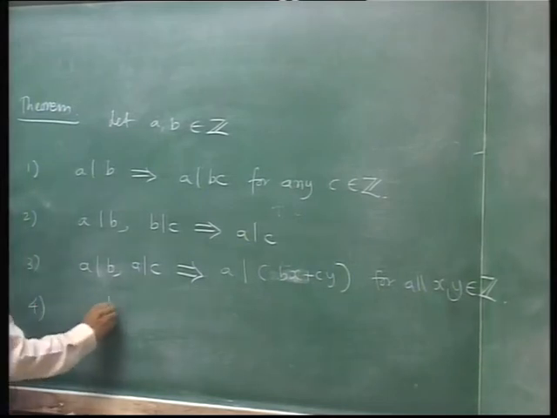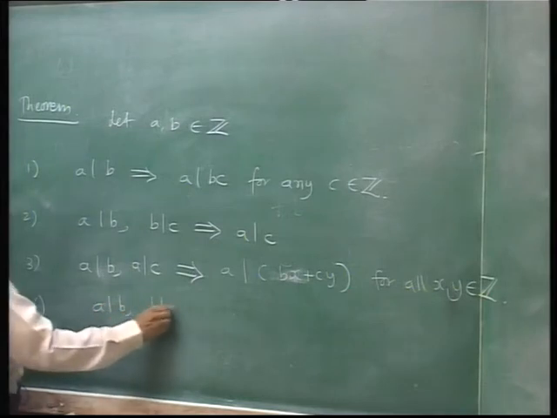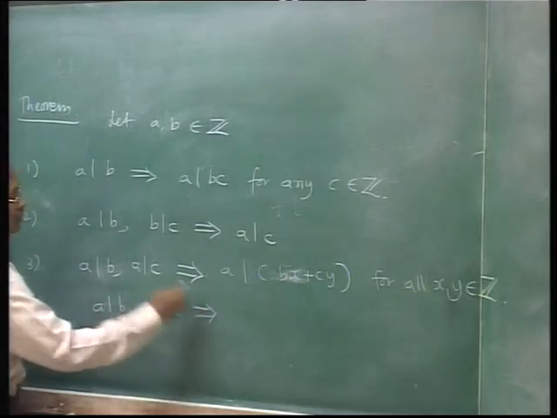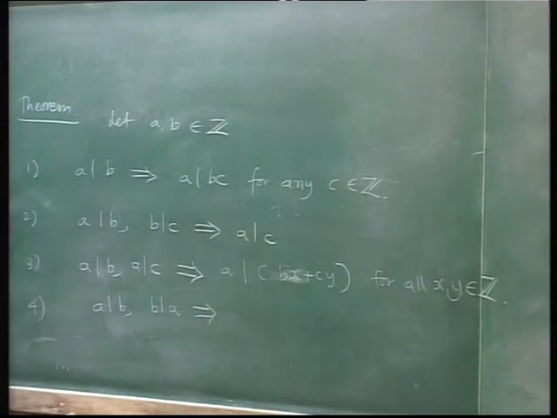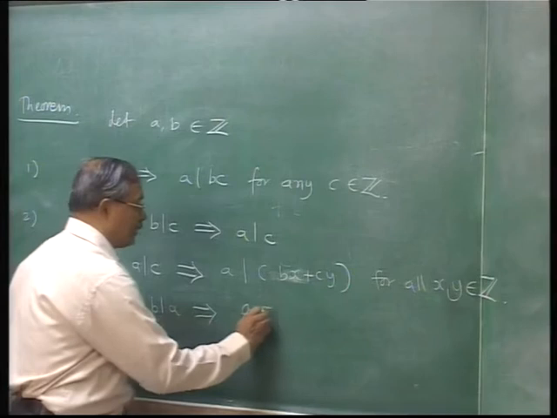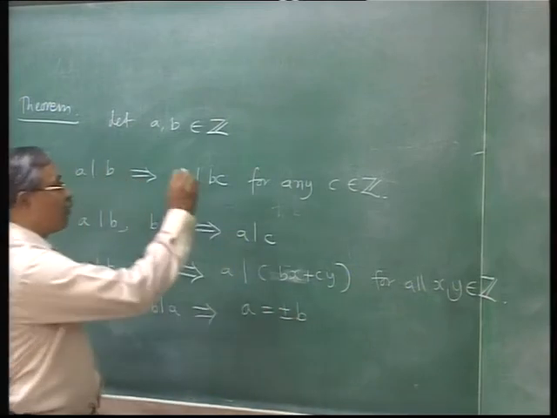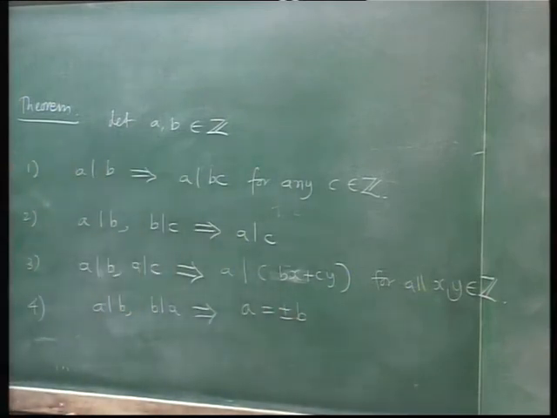a divides b, b divides a. What does this imply? This implies a equal to plus or minus b. Because we are considering integers now, a and b can be negatives of each other. That's possible.